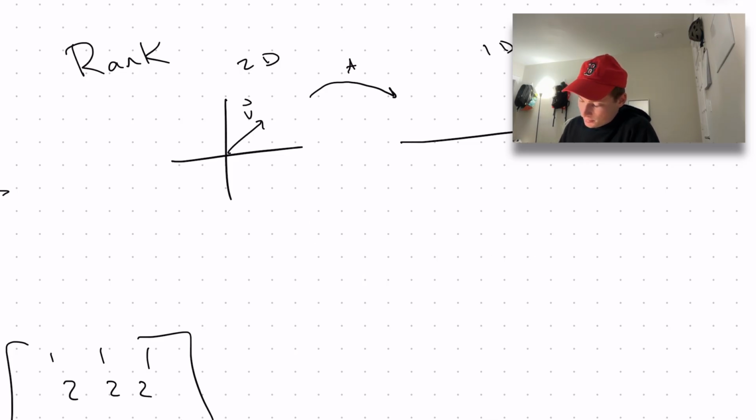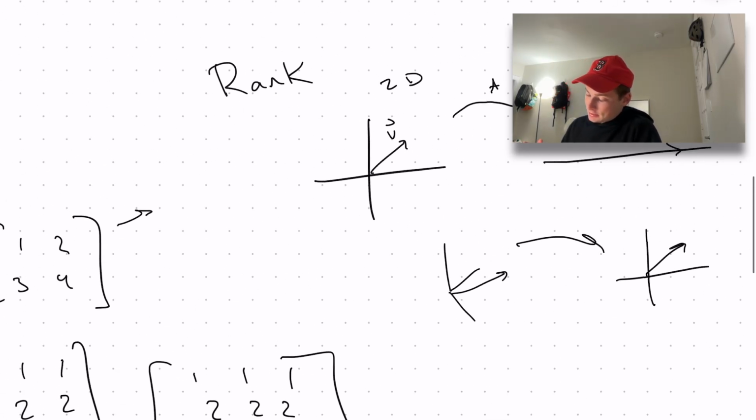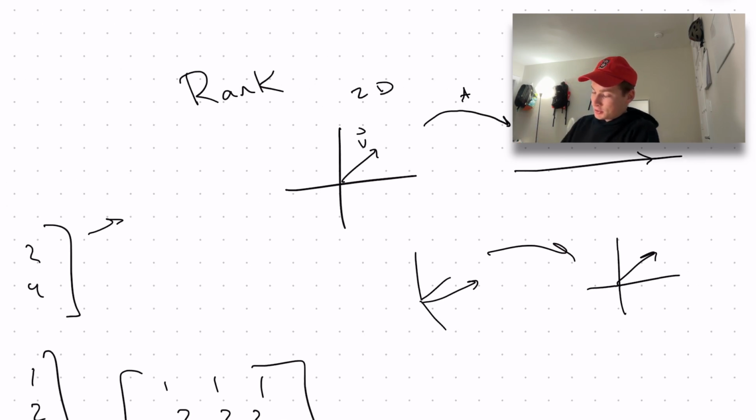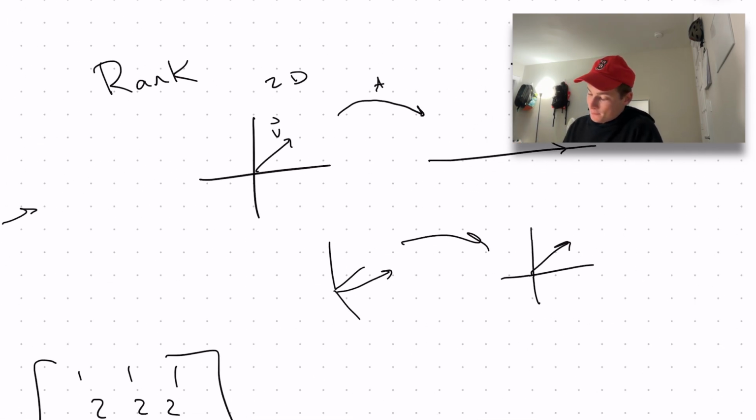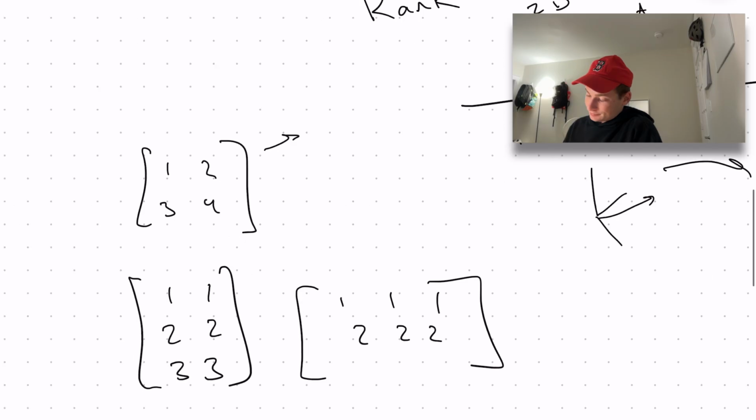It could go from 3D to 1D, or it could go from 3D to 2D. It can, anything to anything. And when something changes the dimensions, especially when it shrinks the dimensions, that means something about the matrix.